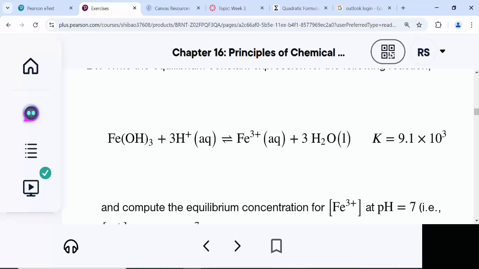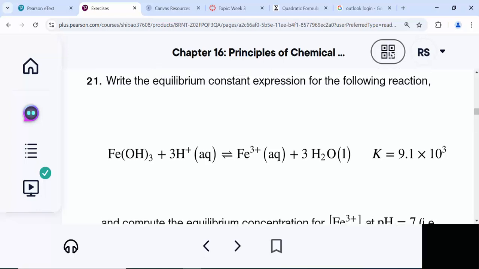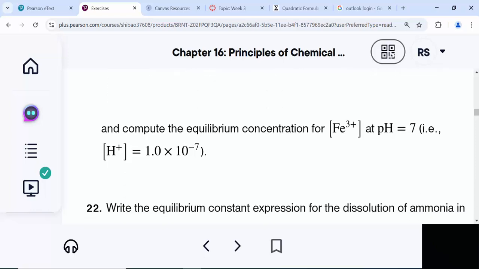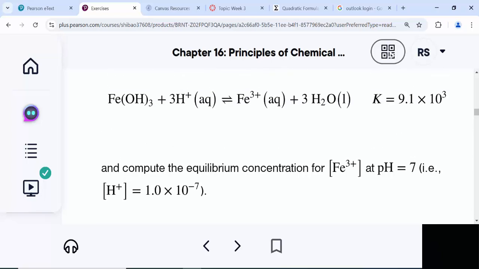In this particular problem, what are they asking for? Write the equilibrium constant expression. Okay, that's not a problem. And compute the equilibrium concentration for iron 3 plus at pH 7. So what does that mean?